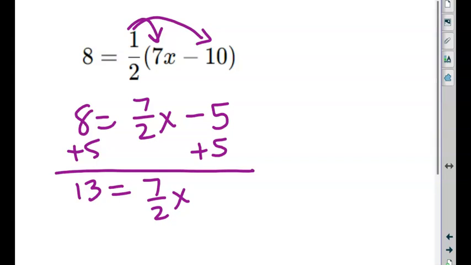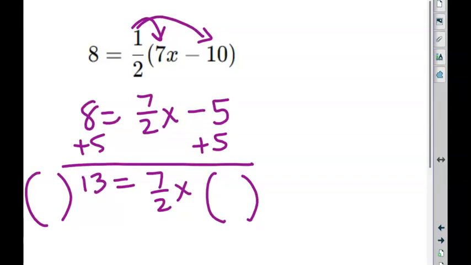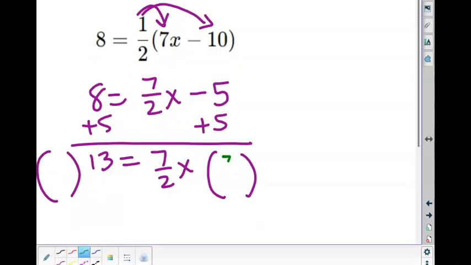Now for some of you, you may want to divide here by 7/2, and some of you may want to actually perform the mathematics that's involved in dividing fractions, would be to multiply each side by the reciprocal. So for us, that would be multiplying by 2/7.